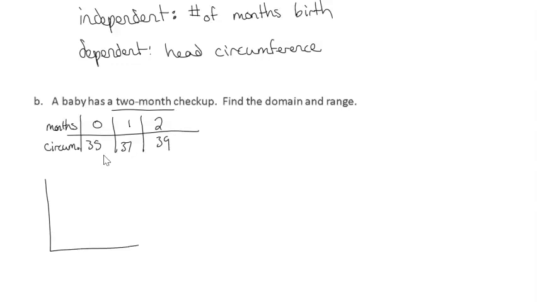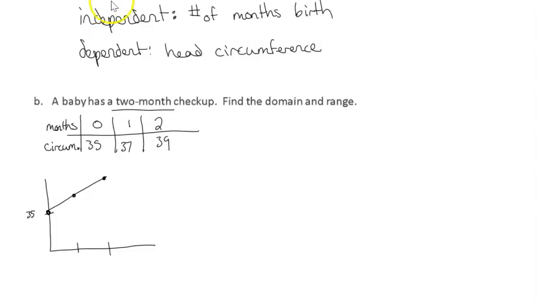Let's say this was 35, and then at 1 month, it's 37, and at 2 months, it's 39. The baby's head wouldn't just magically, on its 1-month birthday, gain 2 centimeters. That'd be so weird. It wouldn't do that. It's slowly growing all month long. So it's continuous, meaning that it's all connected.